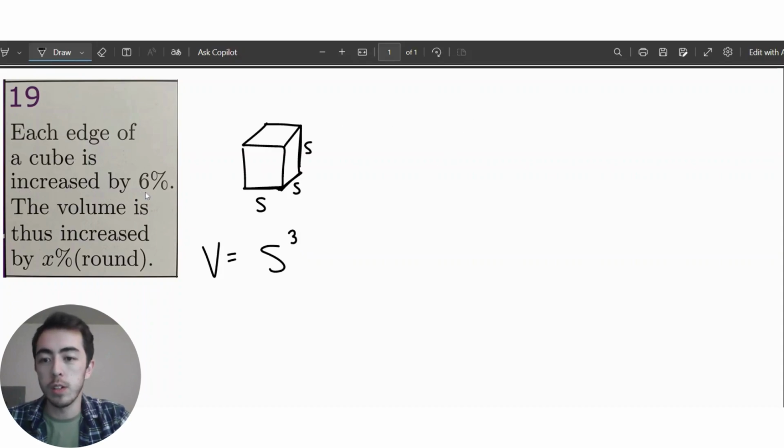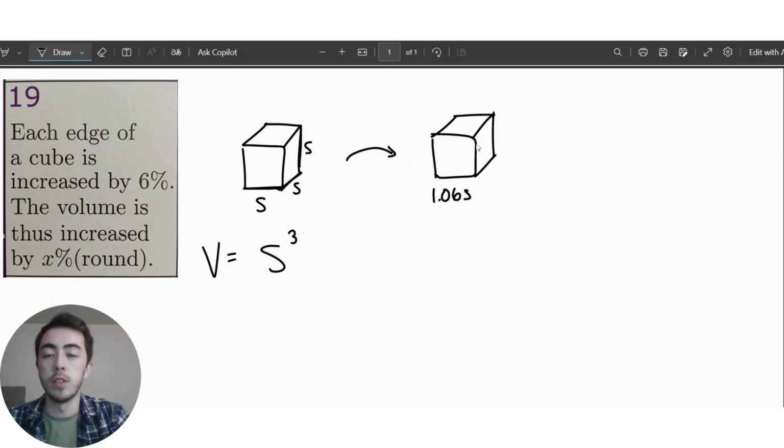Now, if I increase each side by 6%, like I was mentioning earlier, I could do that in just one step by multiplying all of these sides by 1.06. So now the width is 1.06 S, the length is 1.06 S, and the height is also 1.06 S. So now I've increased each edge length by 6%.